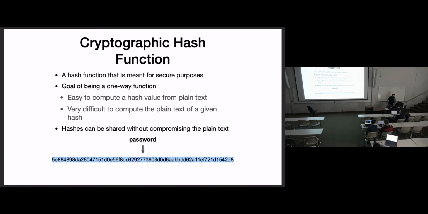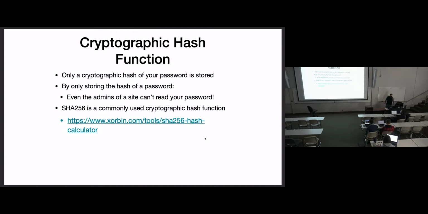And given this value, you wouldn't be able to brute force your way back. That's bad wording there. You wouldn't be able to compute the original input that generated that hash. This is the property we want from cryptographic hash functions. These are one-way functions. You can't go backwards through this function.